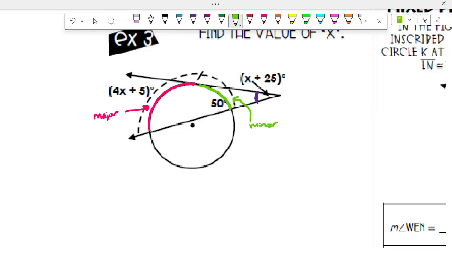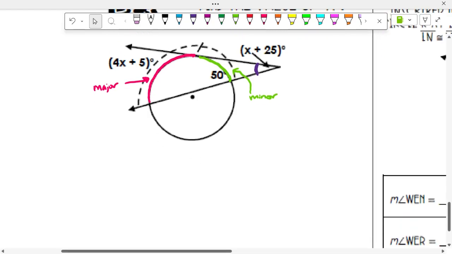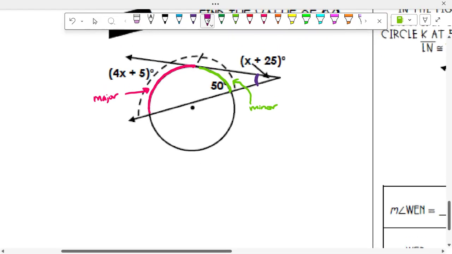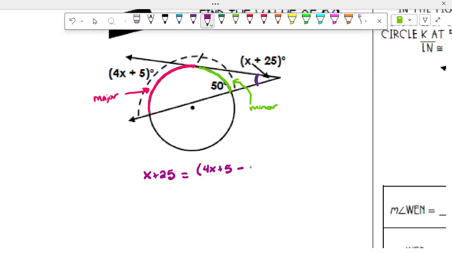So, to set up my equation, we're literally just going to plug all the pieces that we got into the formula. So the angle x plus 25 is equal to the sum, not the sum, the measure of the major arc, which is 4x plus 5, minus the measure of the minor arc, which is 50, all over 2.